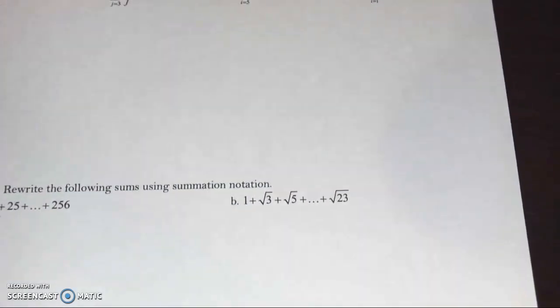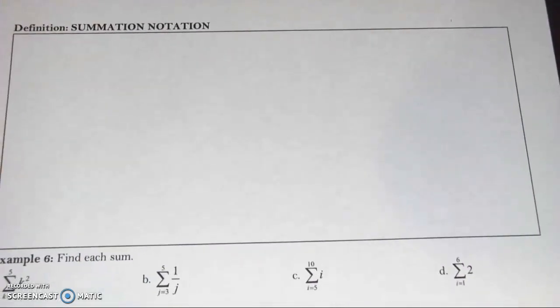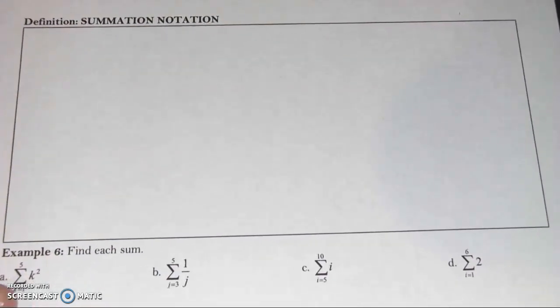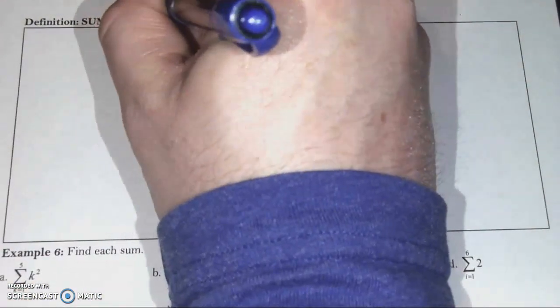All right, and then we get into summation notation. It's just a different notation to find a sum. This could also be known as sigma notation.